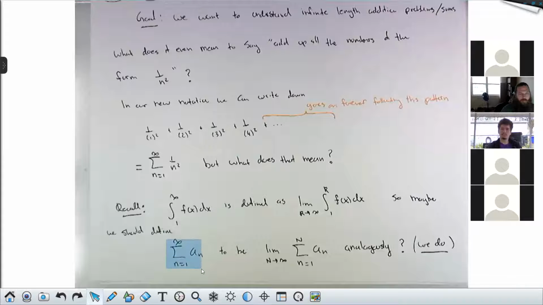So I'm going to define this thing to be the limit of this thing, just like I defined this integral to be the limit of these smaller integrals, right? Infinite sum, limit of finite sums; infinite integral, limit of finite integrals. Back in improper integral land, this was cool because I knew what to do with these things. I know how to do definite integrals.